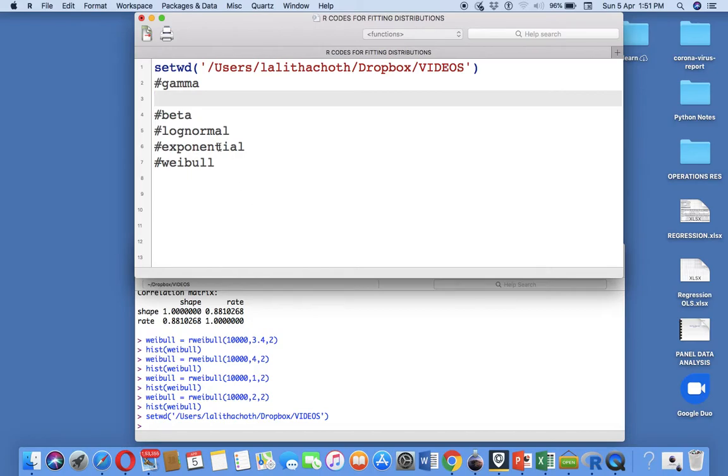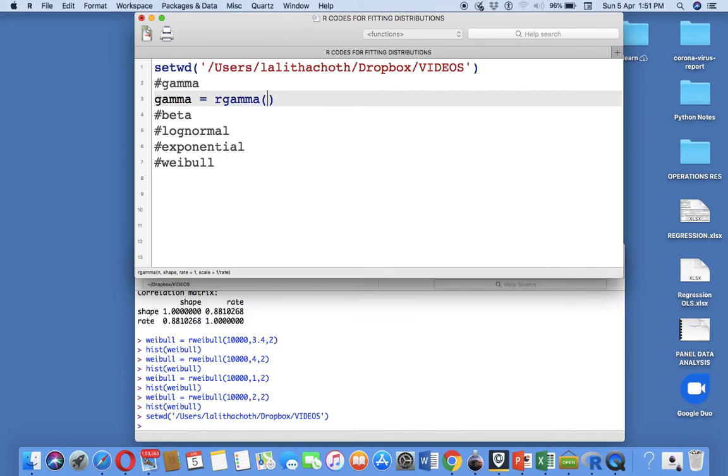I'll call the distribution gamma, as I did earlier. You may recall when I generated a normal distribution, I got it by using the word rnorm. Taking an analogy from there, to generate a gamma distribution, it is rgamma. Open a bracket.